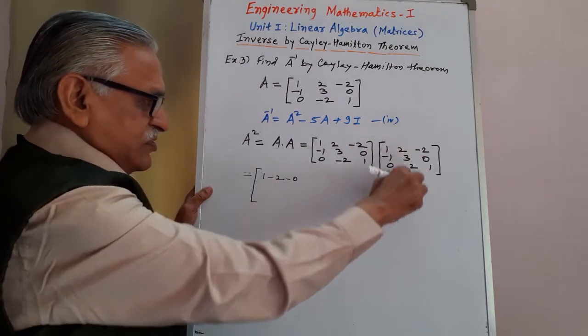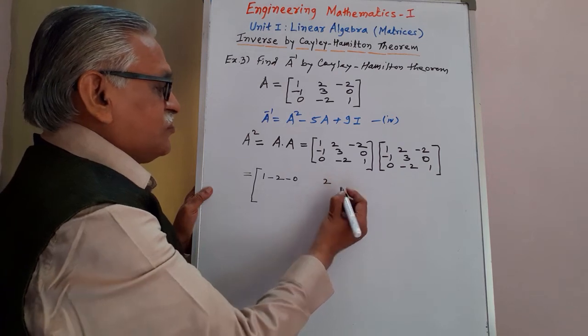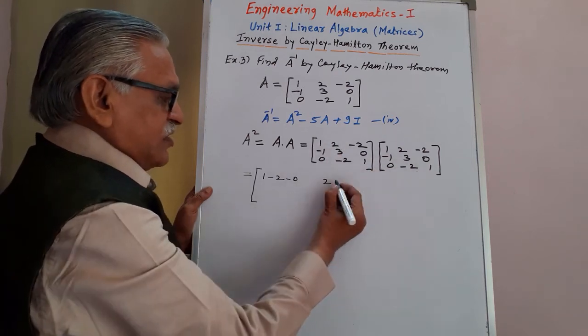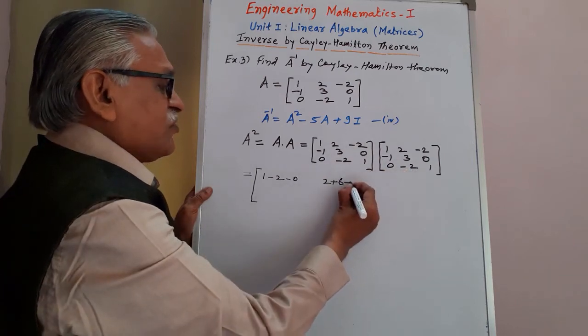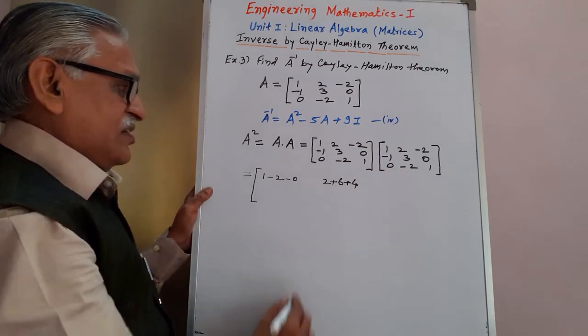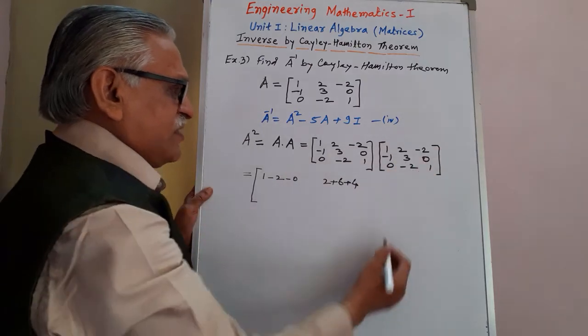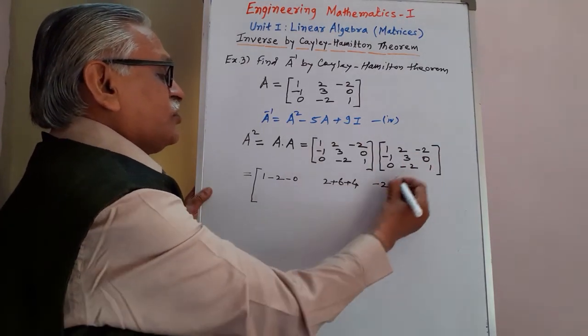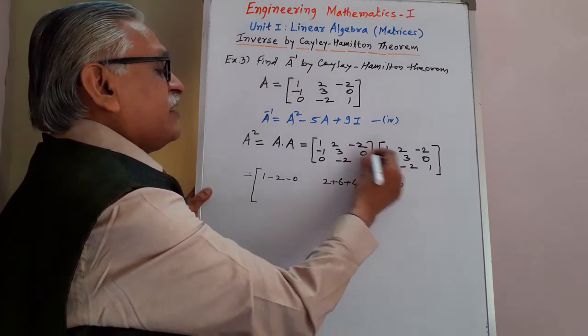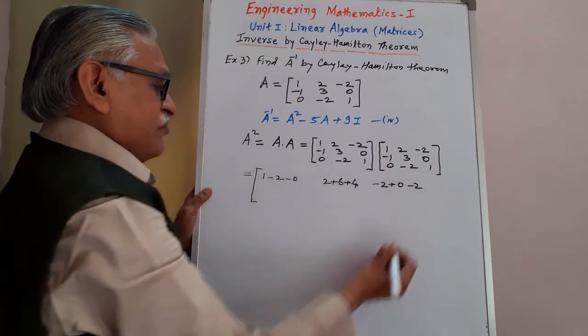Then by the same row to the second column, 2, 2 3s are 6, and plus 4. Then by the same row to the third column, elements are minus 2, 0, and minus 2.